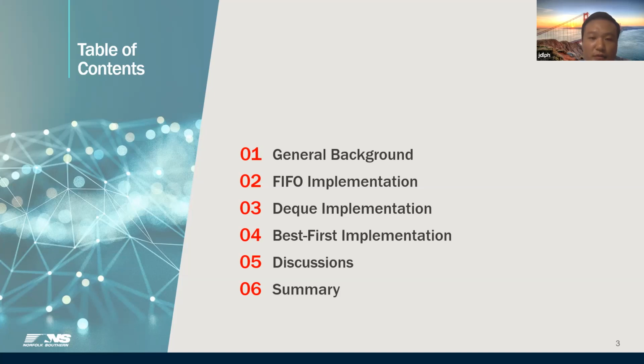And then we will look over some of the potential improvements over the examples we covered in sections 2, 3, and 4. And we will conclude our presentation today in section 6. Okay.